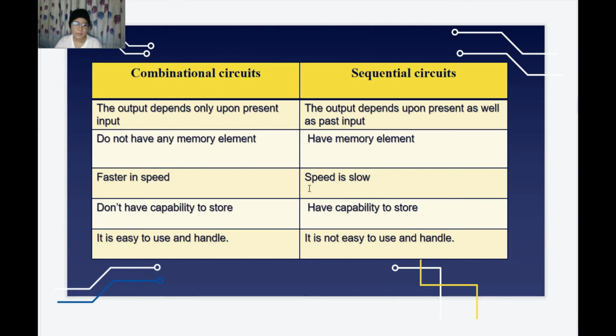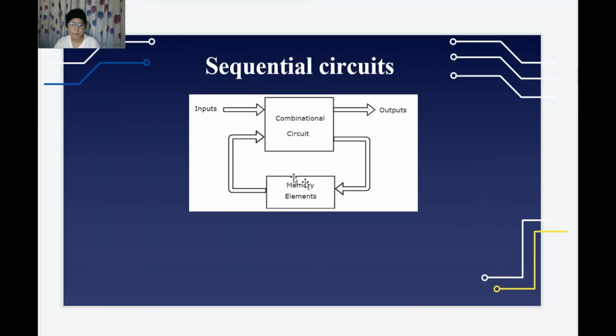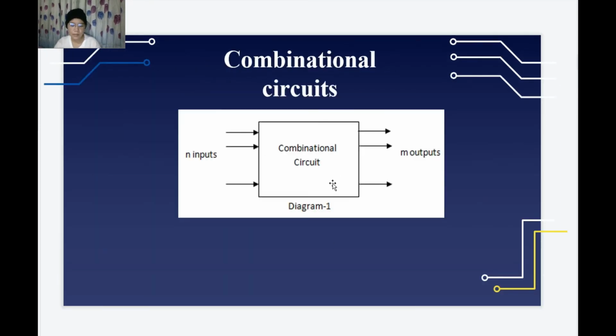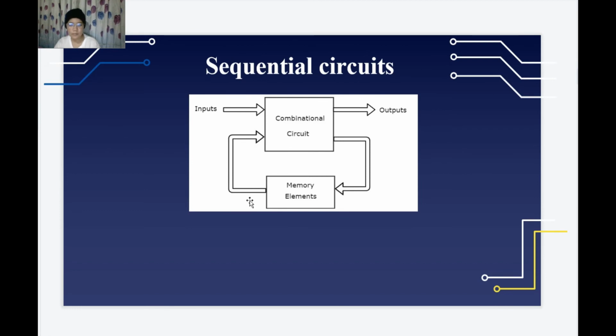It is easy to use because it has no memory element that alters the output, while in sequential circuit the output is dependent on the present input and the memory element. That's why it's not easy to use or to handle.